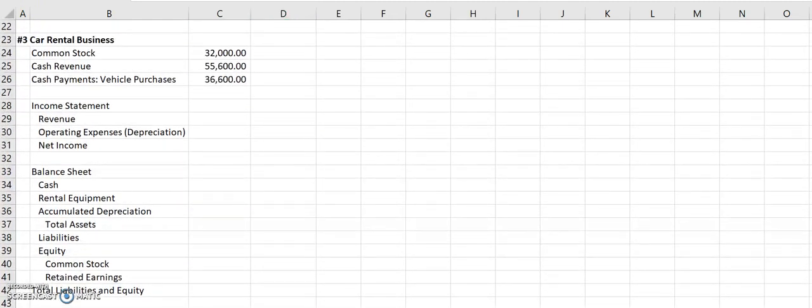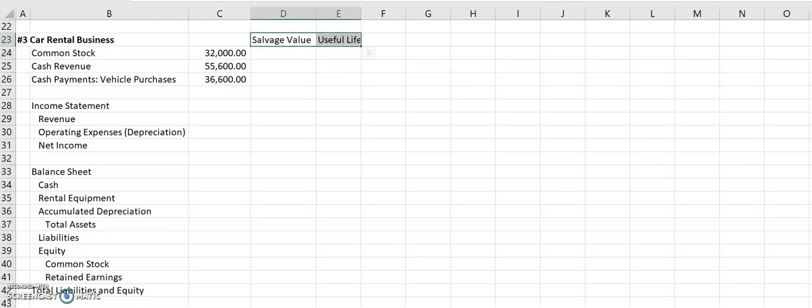Okay, so we need to look at the depreciation of those vehicles that we purchased. So we need to look at the salvage value and their useful life.